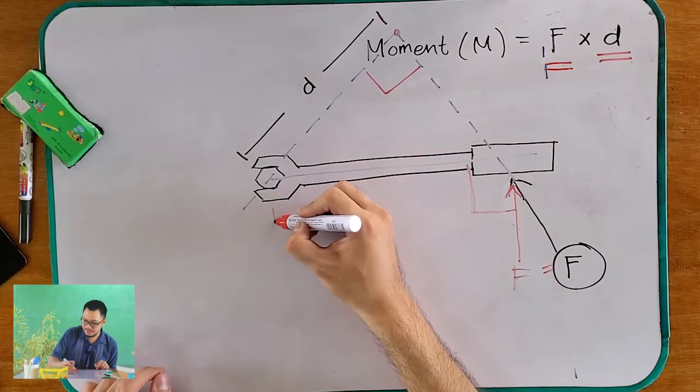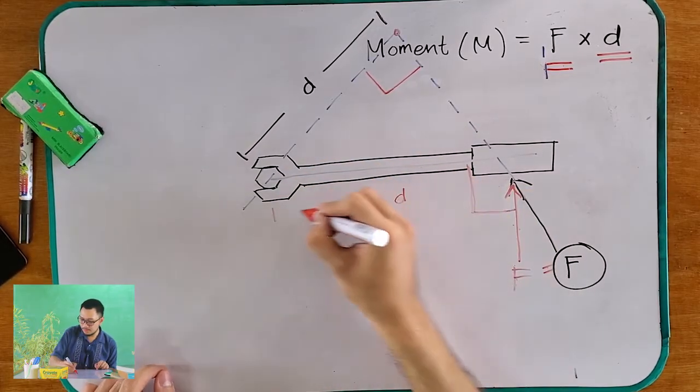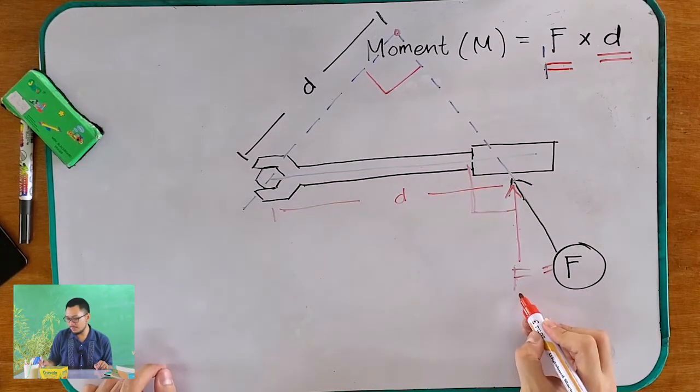But on the other hand, this one here is the moment arm of your force, the red one. So therefore, which has the bigger moment of the two?